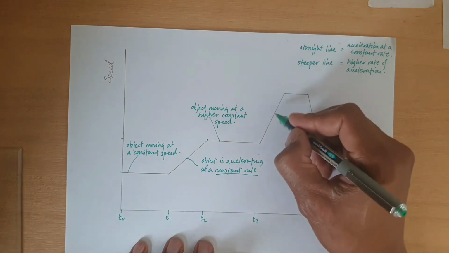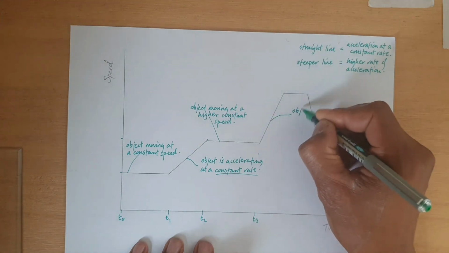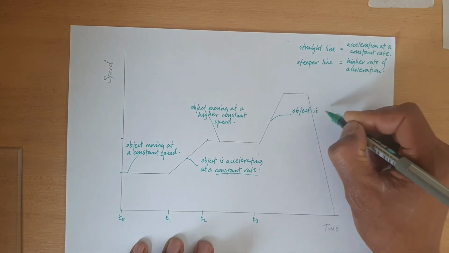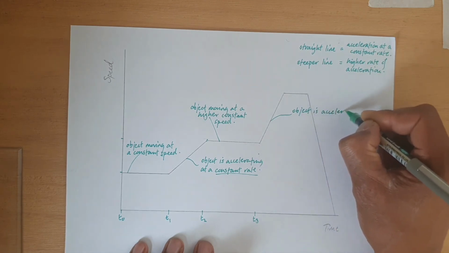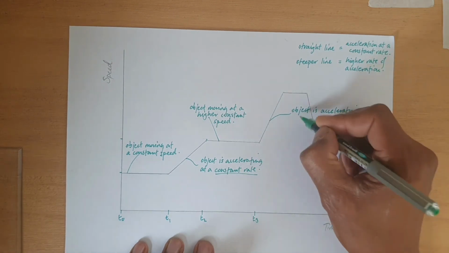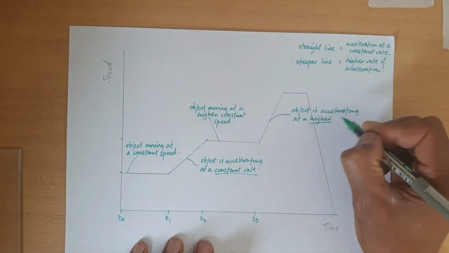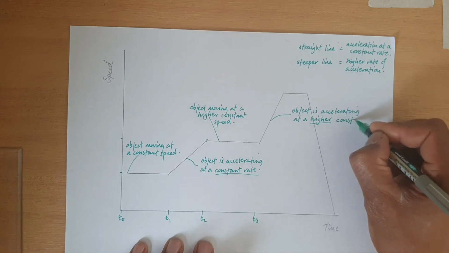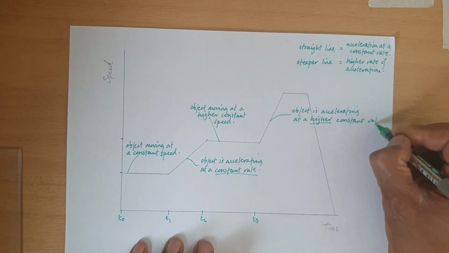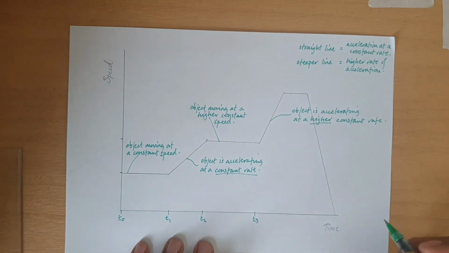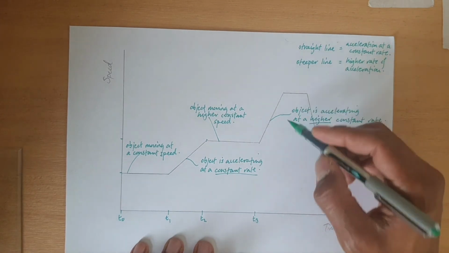So I'm going to write that in here: object is accelerating at a higher constant rate. And that's between T3 and T4.